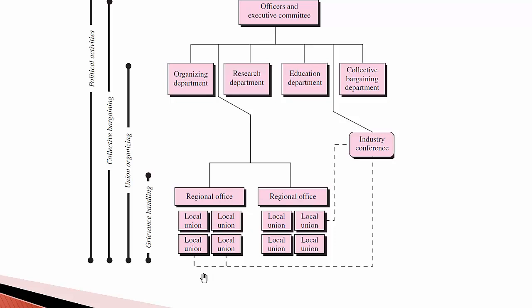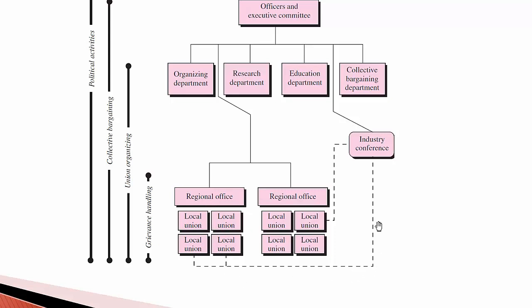That could be on the management side or on the union side. The local union is involved in all activities associated with the union. So not just the handling of carrying out the contract in the grievance process, but also union organizing, collective bargaining, and political activities. Those local unions are typically organized under a regional office.